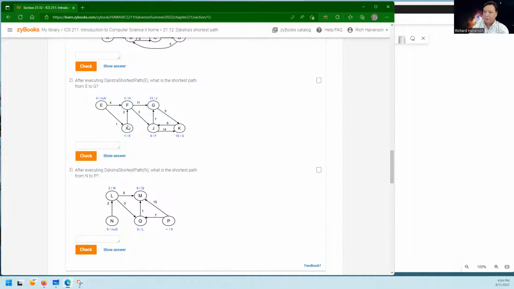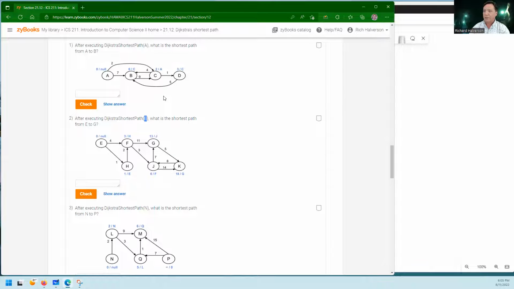For example, here, after executing Dijkstra's shortest path for E, what is the shortest path from E to G? Okay, well, we go to G, and we want the shortest path from E to G, and Dijkstra's shortest path algorithm was executed on E. Okay, well, what we have here is 13.